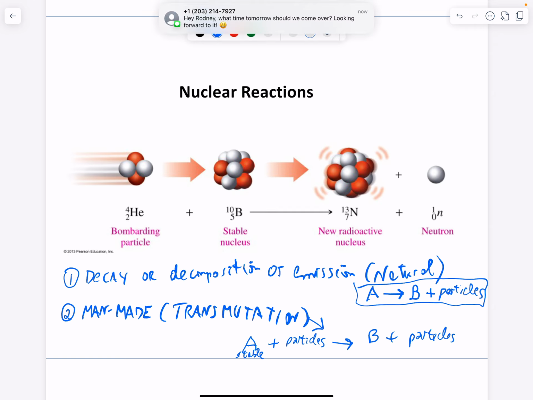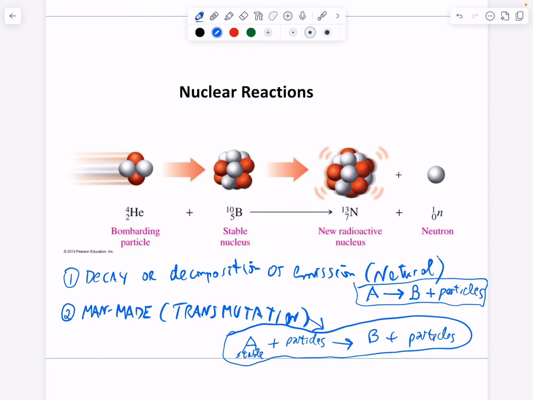Okay, and this is the shape of this reaction. As you can see, it's easy to recognize. One is just one element that decomposes into something else. This is 2 of them. And clearly you can see that this example here is an example of transmutation. This is your element that is stable.